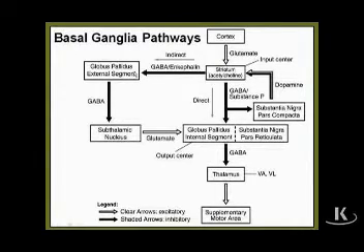They project to the globus pallidus external segment, where again we find a second population of GABA neurons. So the disinhibition in the indirect pathway is formed by striatal GABA neurons and external segment GABA neurons.